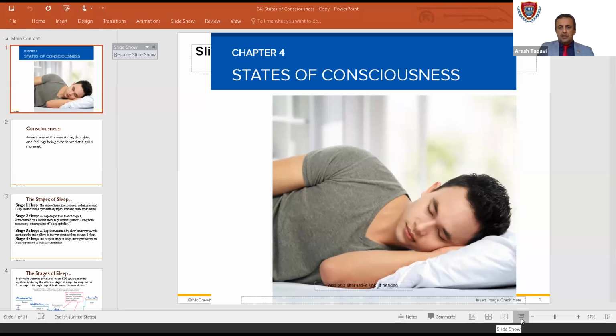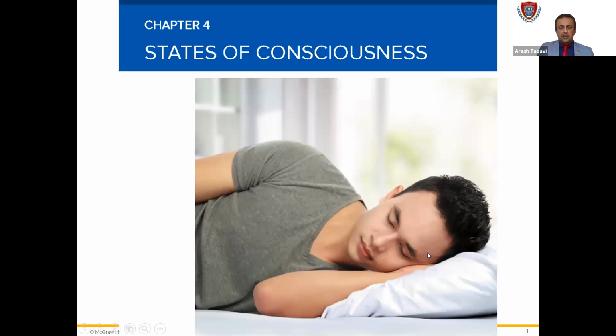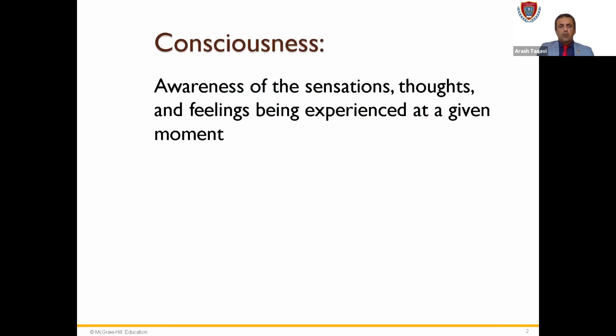You can see here the states of consciousness. At first, we want to talk about the definition of consciousness. What is consciousness? Consciousness is some type of awareness at a given moment. Awareness about every experience in your life at that given moment.